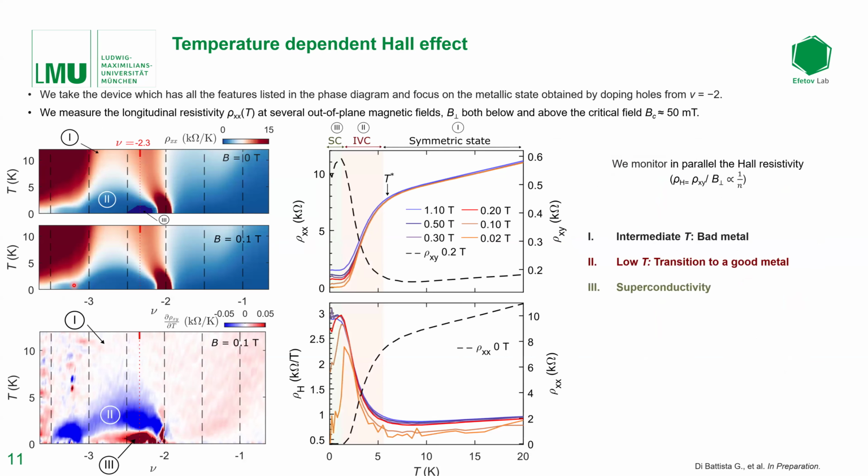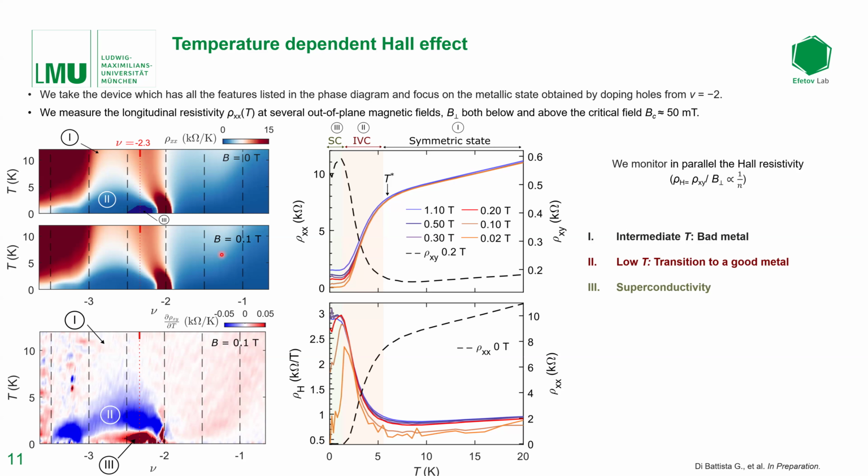And basically now coming back to transport, now that we have very strong evidence investigating a similar region in the phase diagram, what we were able to do is map out these regions in our transport maps and look in much more detail at how the temperature-dependent transport and also the temperature-dependent Hall effect evolve across this phase diagram.